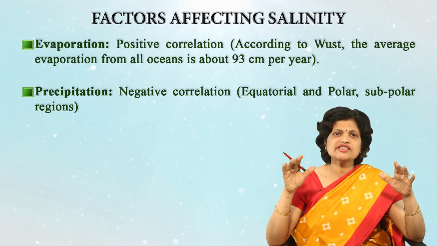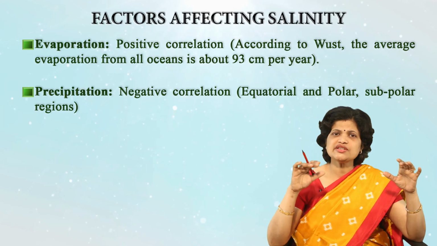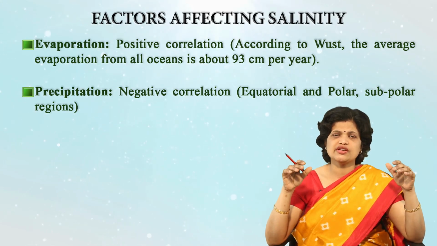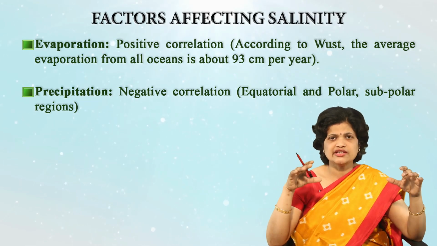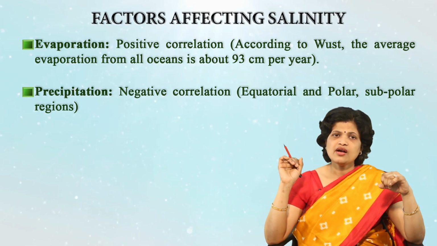So this is a negative correlation. That means the higher the precipitation, the lower the salinity of the oceans.